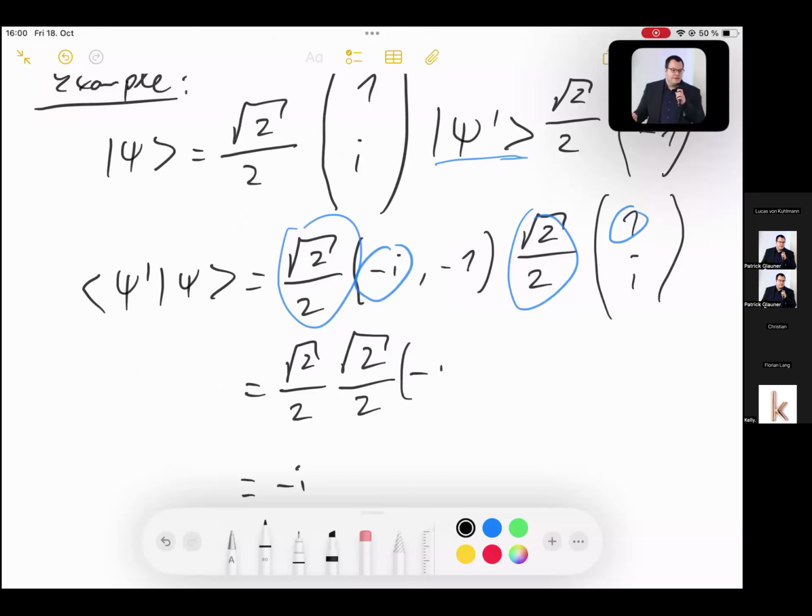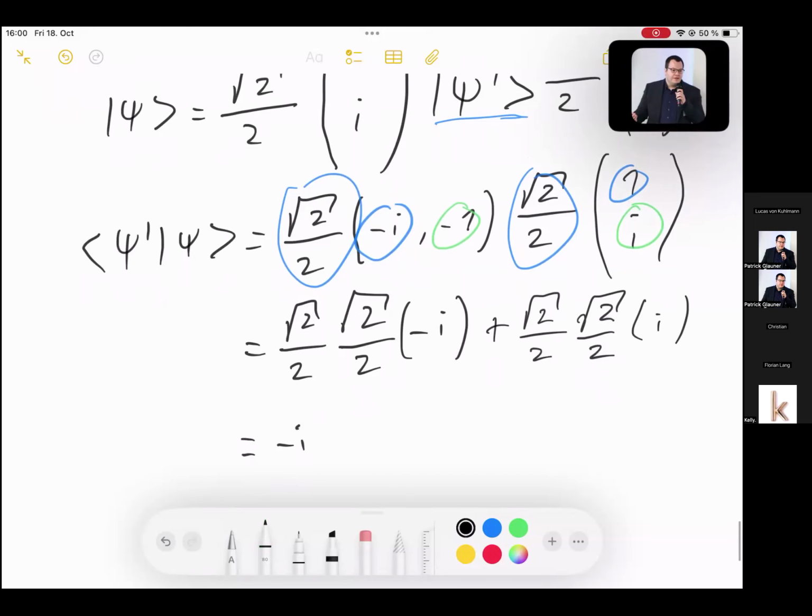Times minus I. And then we have again, so I'm doing it in a bit of an extended way, just so that we're all on the same page, minus 1 times I, so minus I. And what happens here is, this is 2 divided by 4, it's a half.